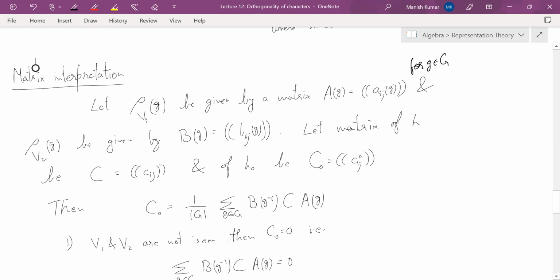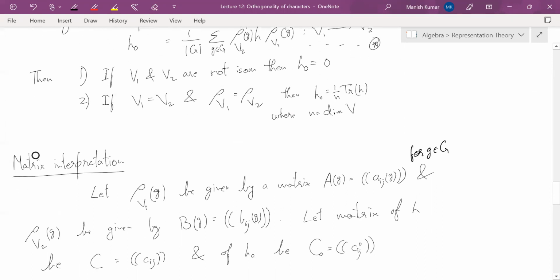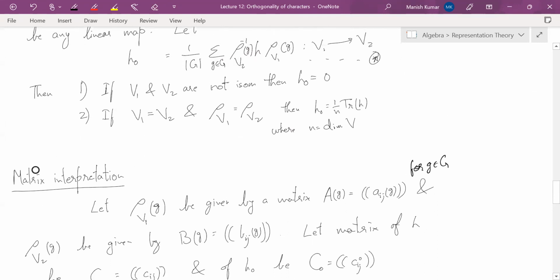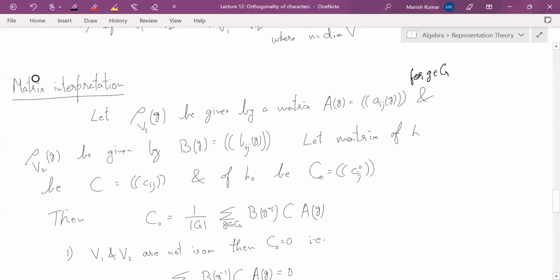You fix a basis of V1 and V2, and you get these matrices.